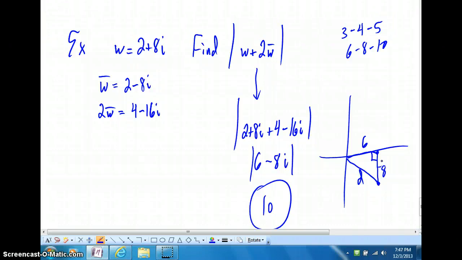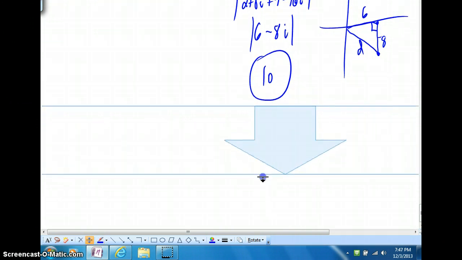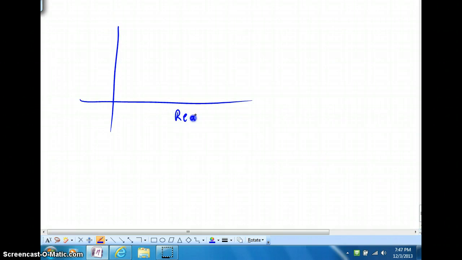Well, maybe one other thing to at least introduce you to right here. Since we have the Argand diagram, something worth talking about is that we do have another way to represent points. Look, we could have this point over here. Let's just say it's x plus yi.